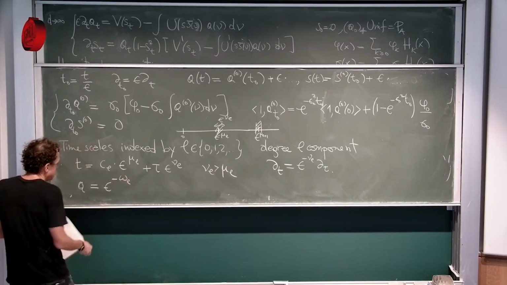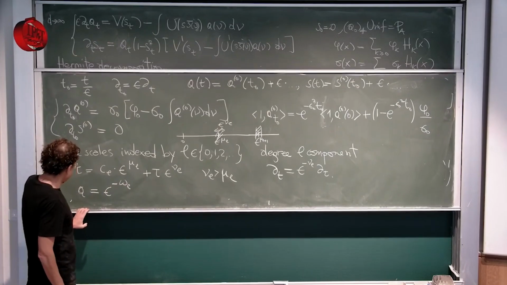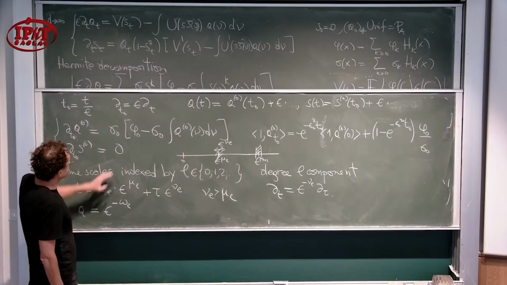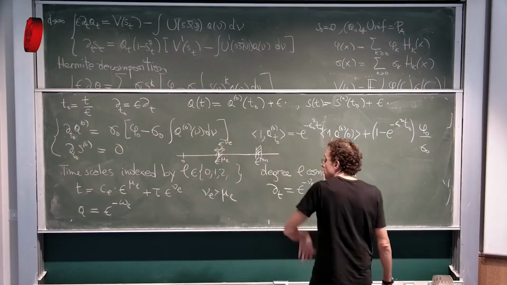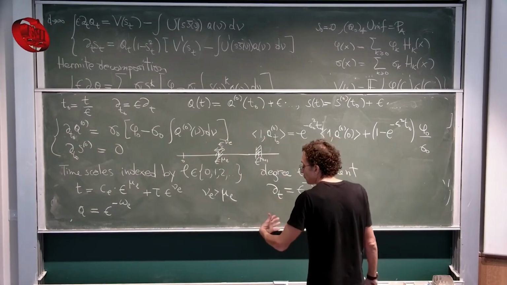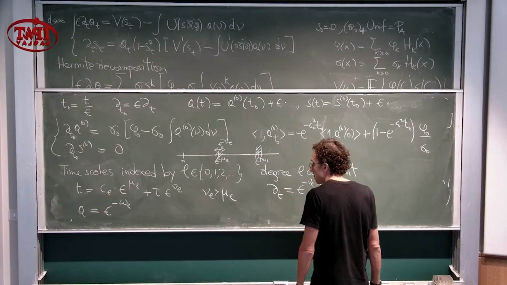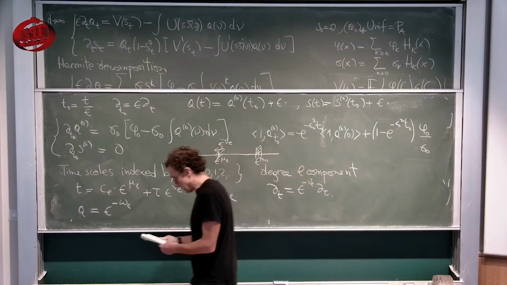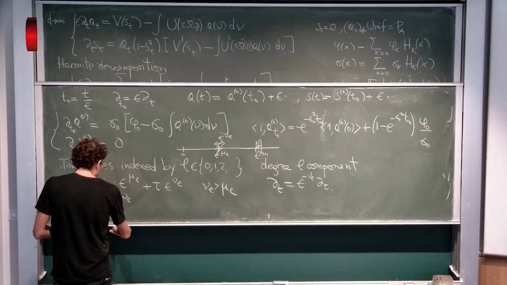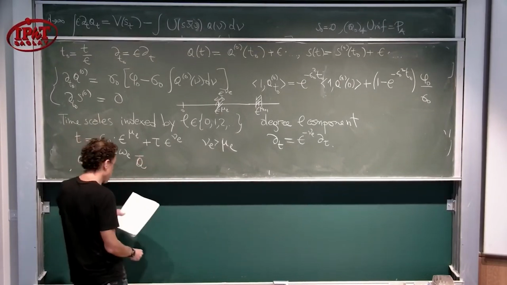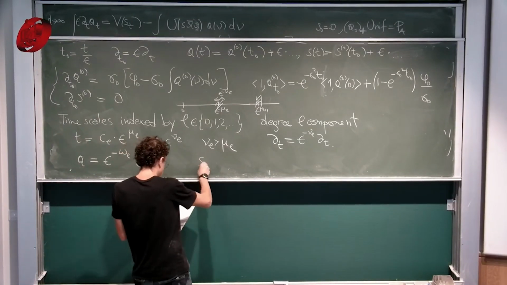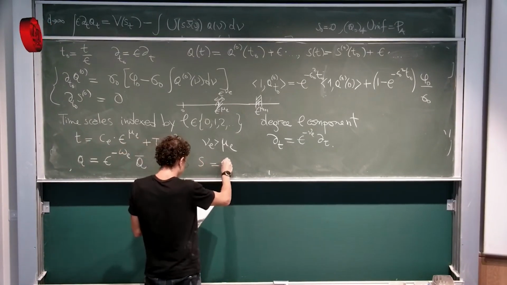So in this case, what happens? Here on the first phase, what we said is that A moves by an amount of order 1. At later time scales, A evolves, changing by a big amount, and S changes by a small amount.